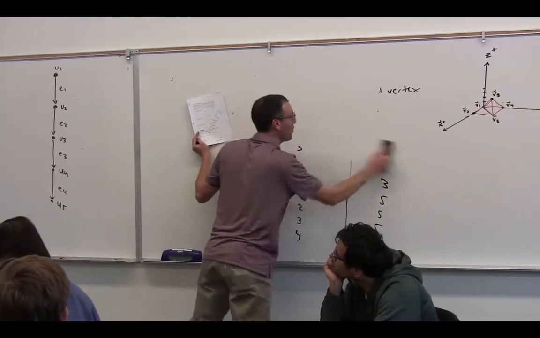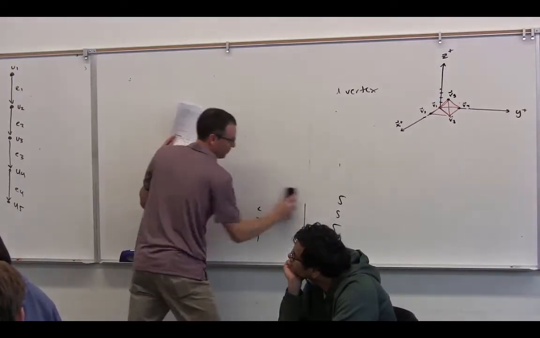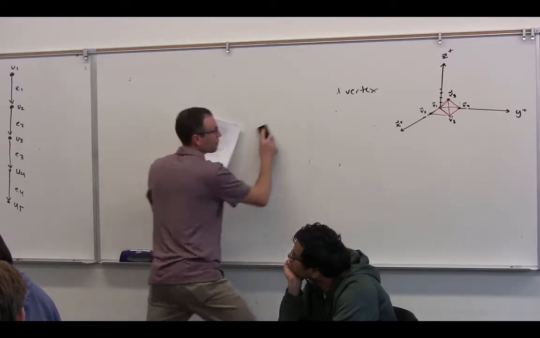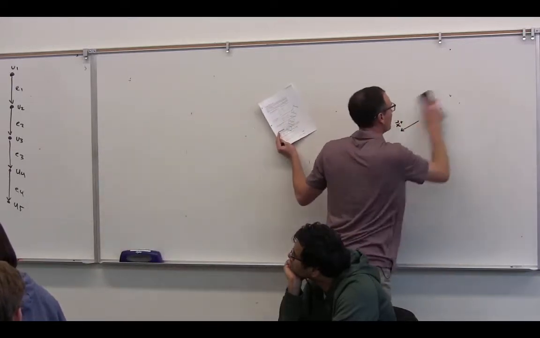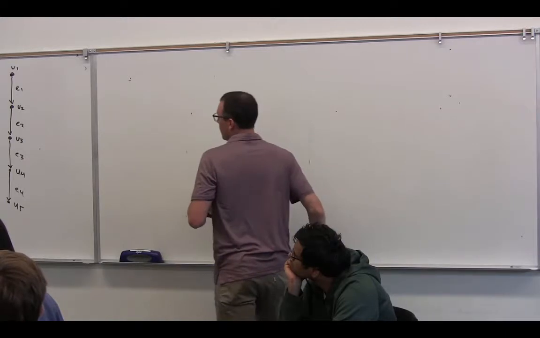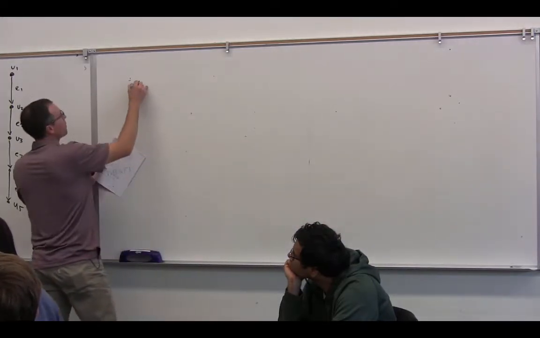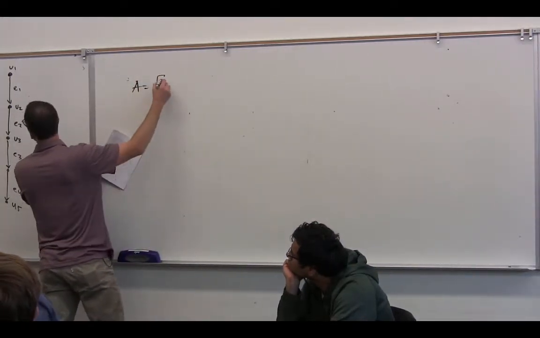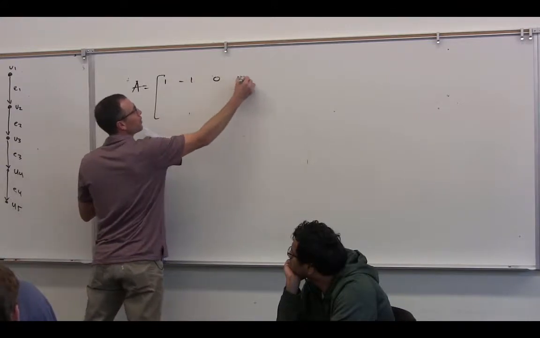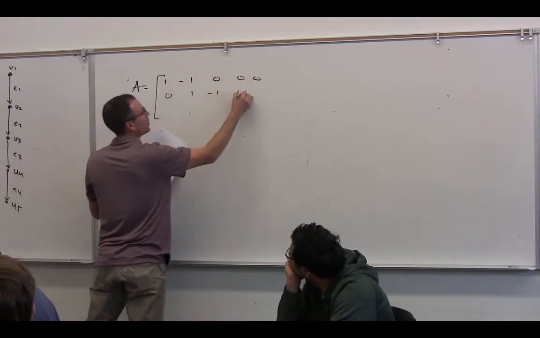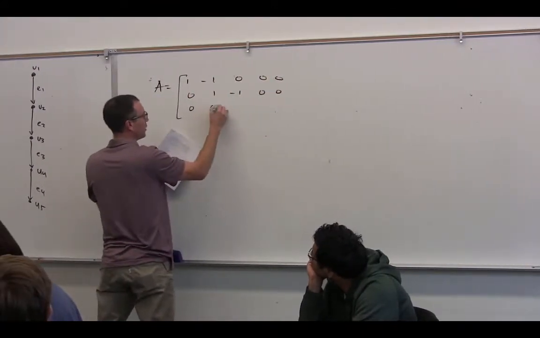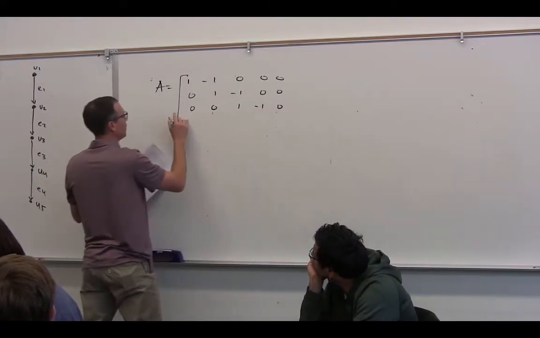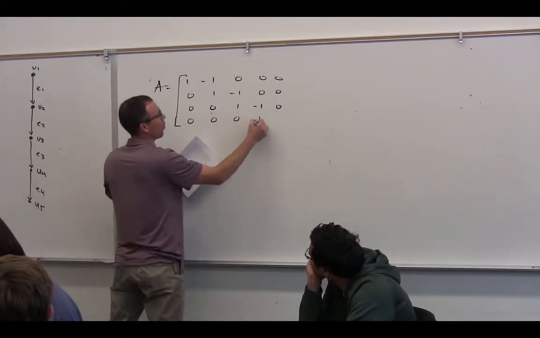This is going to show up later in the course, so hint, hint. So here we go. A would be equal to 1, -1, 0, 0, 0, 0, 1, -1, 0, 0, 0, 0, 1, -1, 0, and then 0, 0, 0, 1, -1.